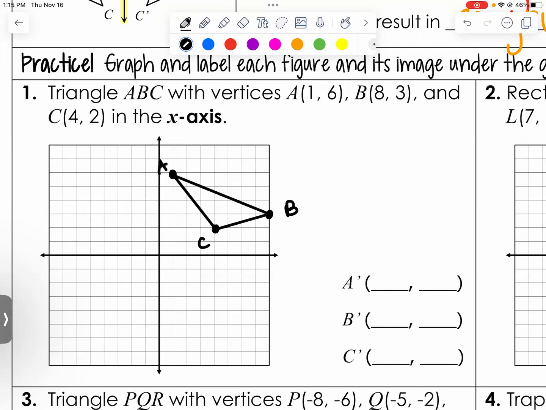Now, the x-axis with your arc, which one is the x-axis? So this one's the x-axis? Okay, so there are some highlighters at your table, and what I would really appreciate is if you highlighted the x-axis.